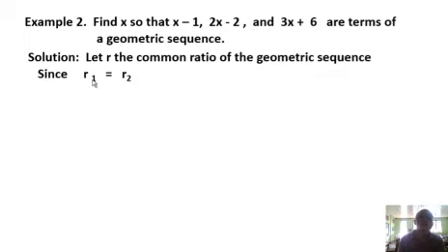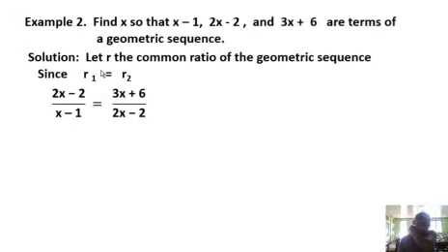The ratios are equal. Let us form ratios. So 2x minus 2 over x minus 1 is equal to 3x plus 6 over 2x minus 2. So this is R sub 1 and this is R sub 2.